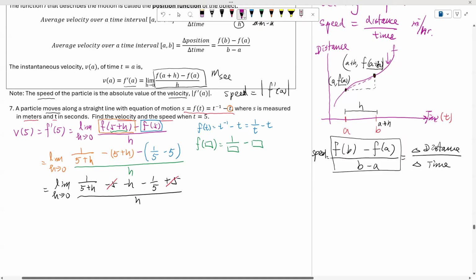Then my next step is I would like to find the LCD. In this case, my LCD will be 5 plus h times 5.